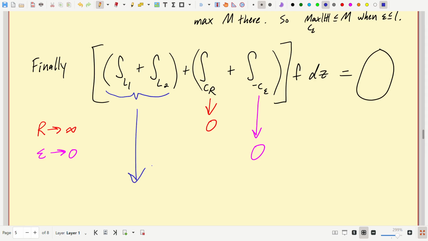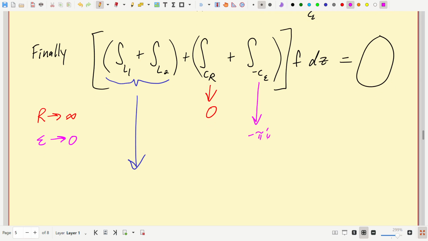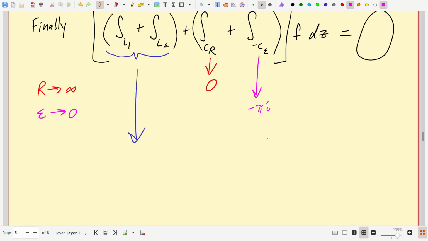I'm sorry, this one doesn't go to 0. This one goes to minus pi i. Otherwise, we're going to get the answer to be 0. But this one goes to 2i times the integral. The epsilon's gone to 0, and the r's gone to infinity. And so this would be the integral I want.